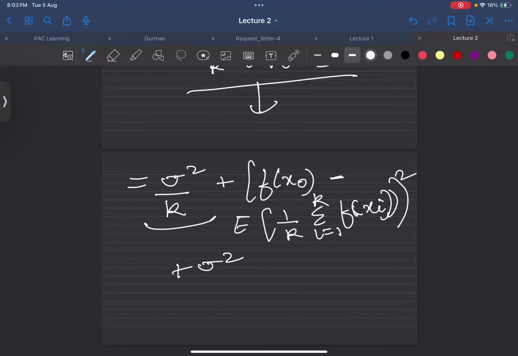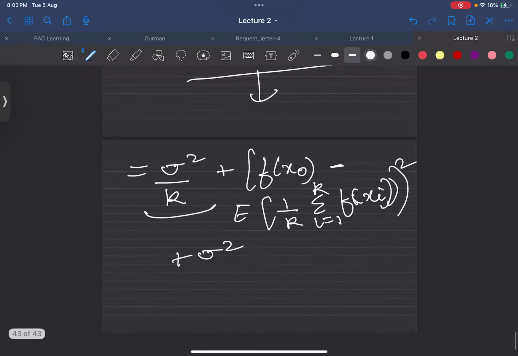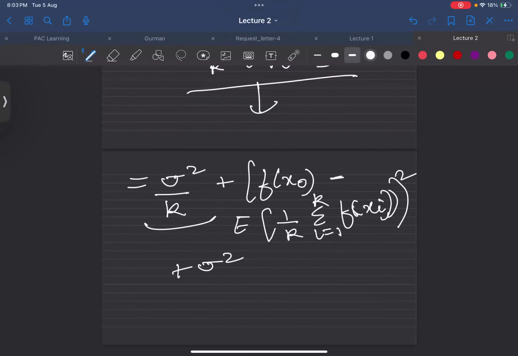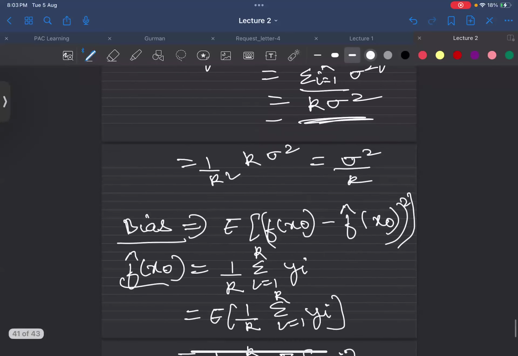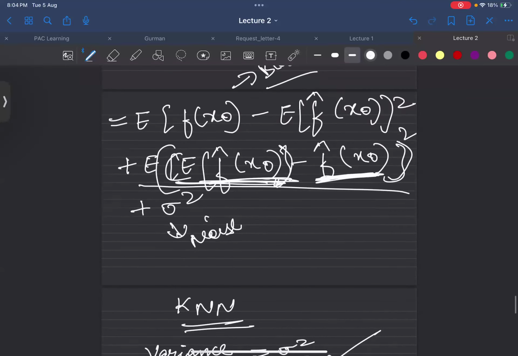Is it fine how the formula came? How far the expected value is from the target, the bias; how much variance, how it's behaving; and sigma square. So we have written this equation in terms of variance and bias.